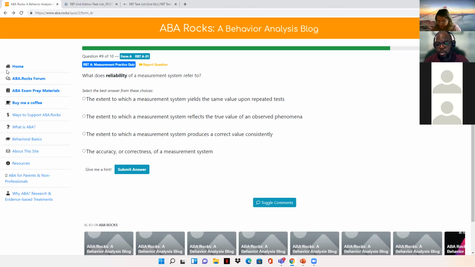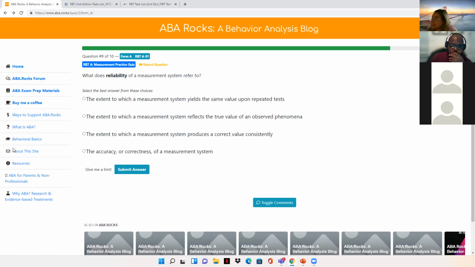So I'm taking the real value. If they say take data on jumping, I'm not taking data on running. So if I'm taking the data I'm supposed to, my data is going to be reliable. So then I'll probably lean towards D.